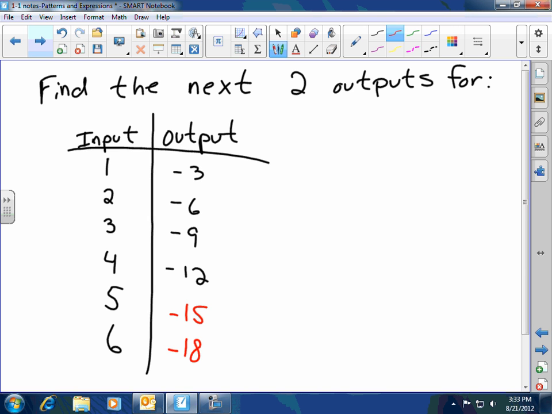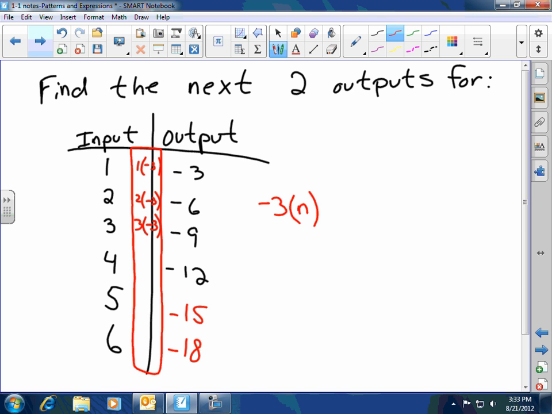I figured that out because in my head I made a little process column. I went, well, 1 times -3 has to equal that, 2 times -3 has to equal that, 3 times -3 has to equal -9. So I figured out that my formula here was going to be -3 times the input, n. And that's exactly how it was going to work out.